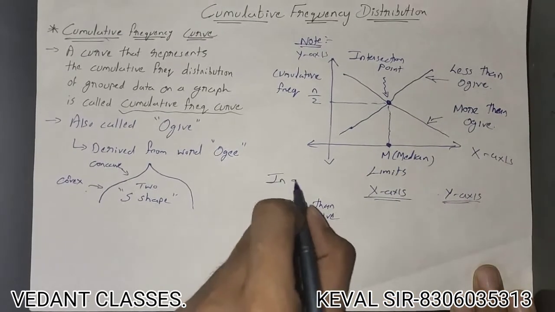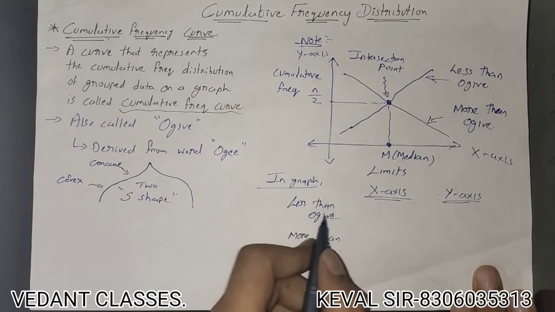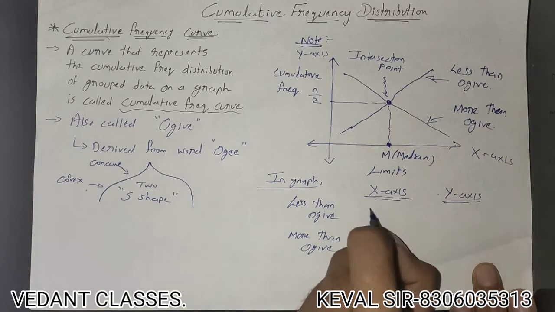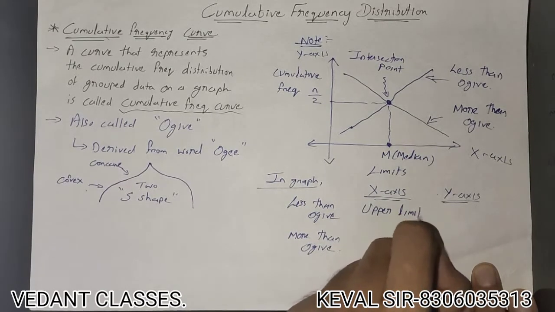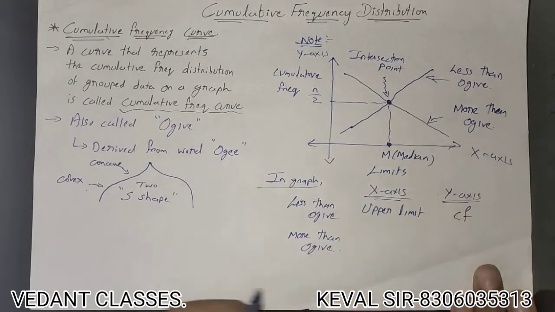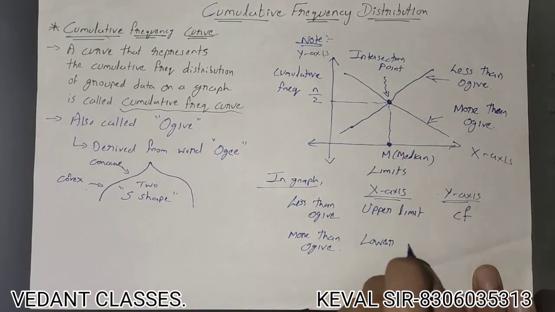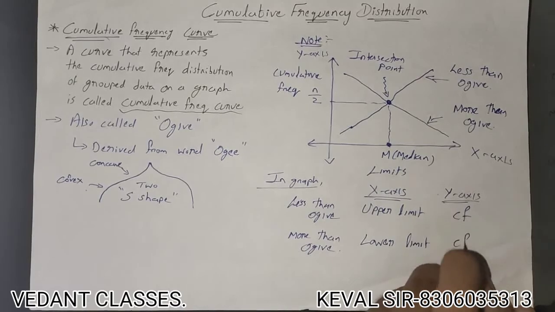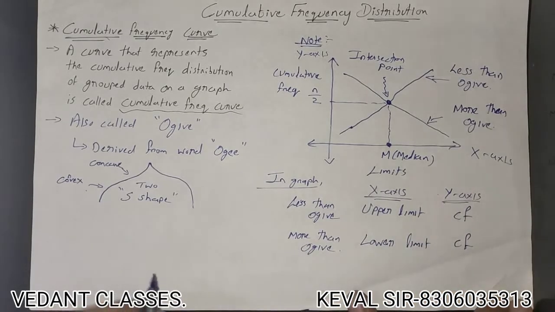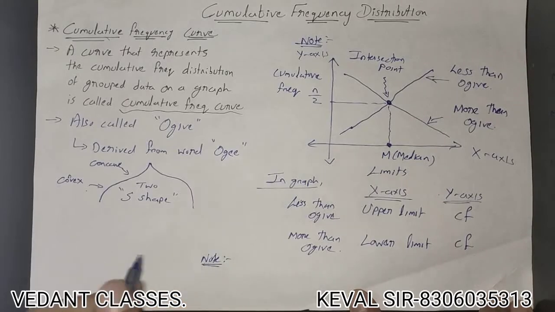In case of less than ogive, on the x-axis you need to consider the upper limit of the given class, and on the y-axis you need to consider the cumulative frequency. In case of more than ogive, you need to consider the lower limits of the class and cumulative frequency on the y-axis.